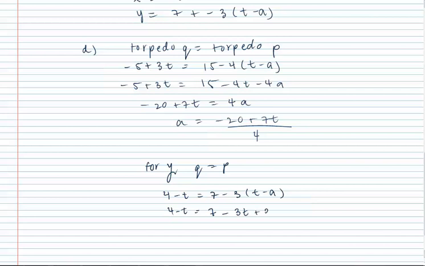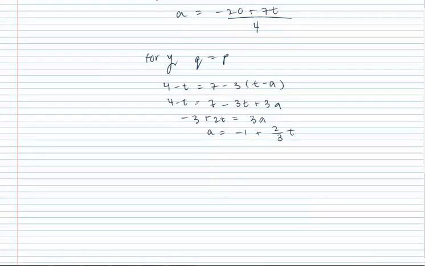Rearranging again, a is equal to (-3 + 2t) over 3, or a is equal to -1 plus (2/3)t. So now you have a is equal to a: (-20 + 7t) over 4, the first a we found for x, is equal to -1 plus (2/3)t. Then you solve everything.